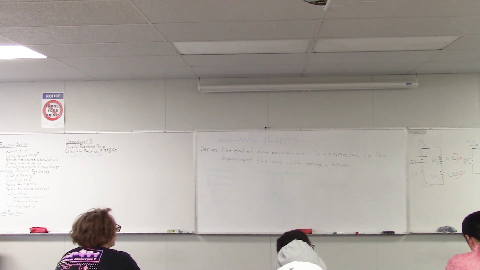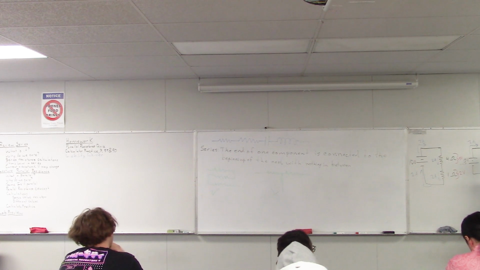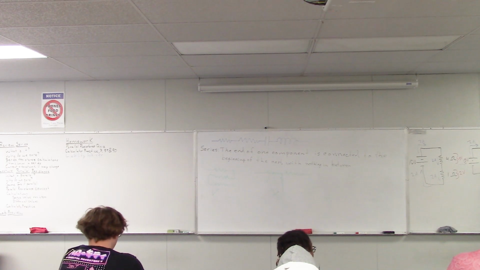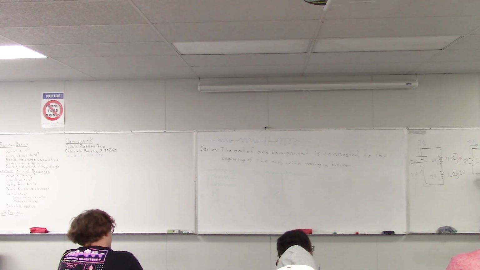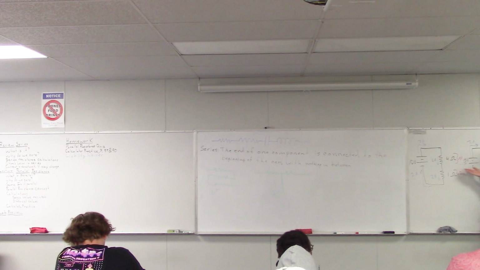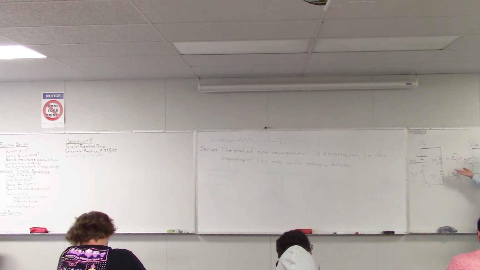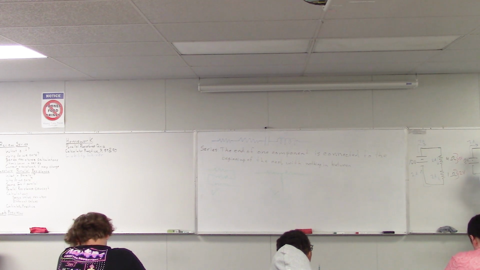All right, so that's how we can use Ohm's law to figure out the voltage and current in a series circuit. The general procedure is to find the equivalent resistance and then find the current for the circuit, and then use that current to find the voltage and current for each resistor in that circuit.